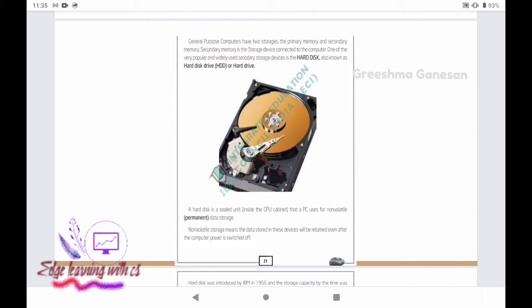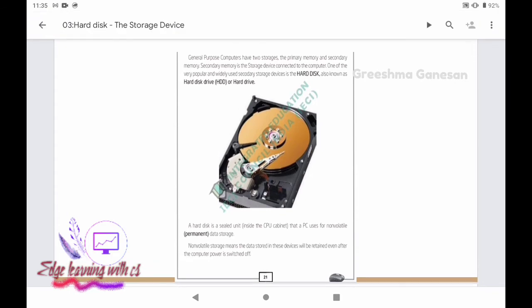Also, it is known as hard disk drive, hard drive, or HDD. All these names are for the same thing. A hard disk is a sealed unit that a PC uses for non-volatile data storage.